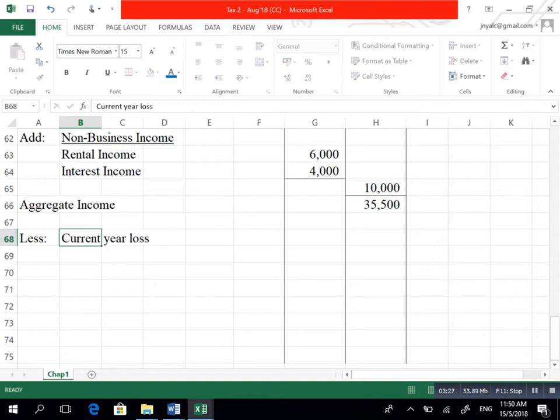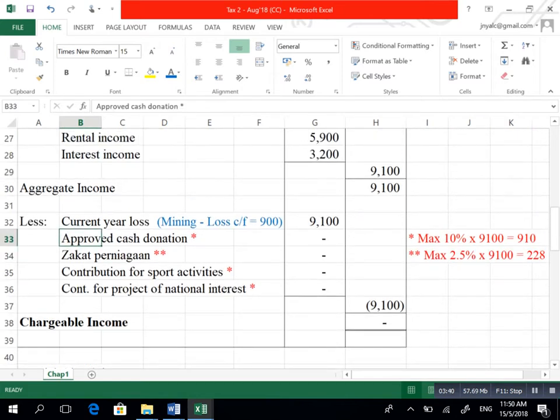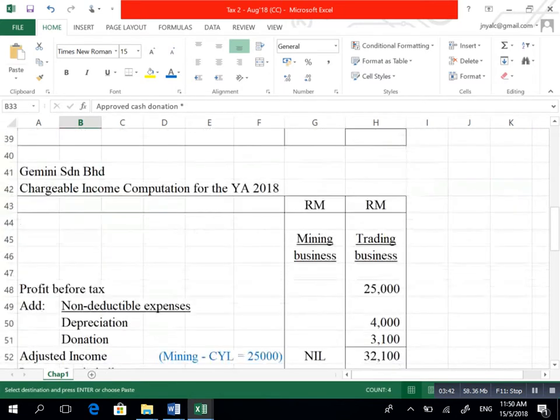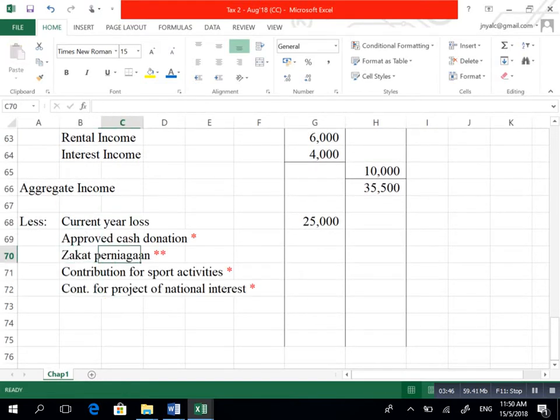So first we deduct current year loss. How much loss you suffer in this year? Can I deduct in full? Yes, 25,000. And then similar to last year, you have approved cash donation, you have zakat, you have contribution to the sport activity and project of national interest.